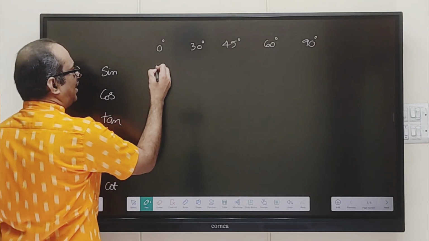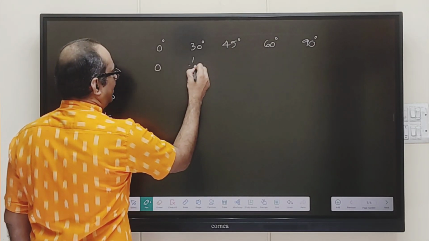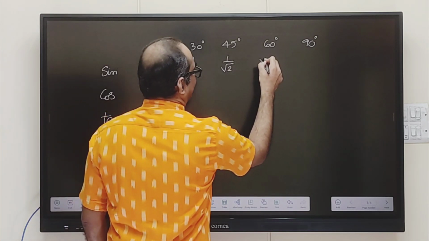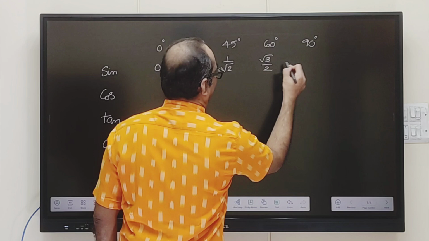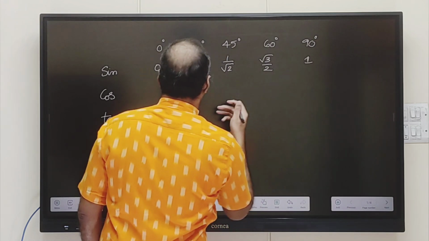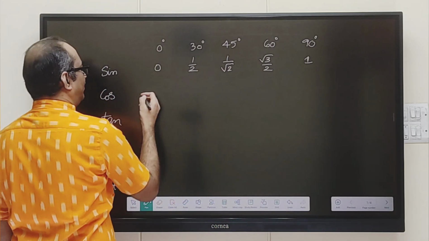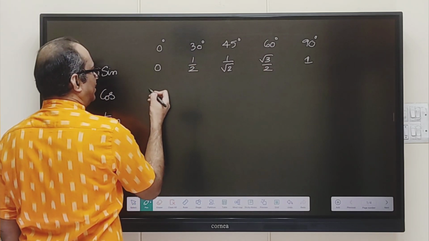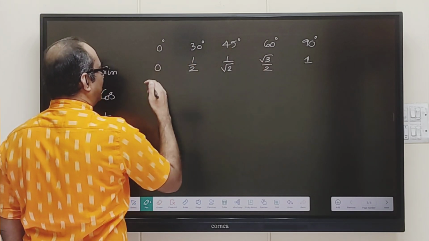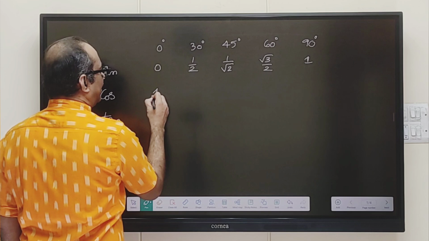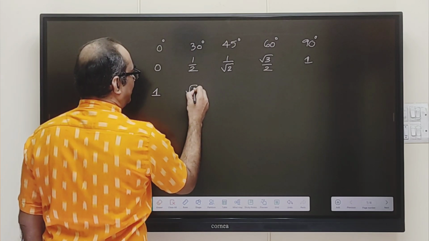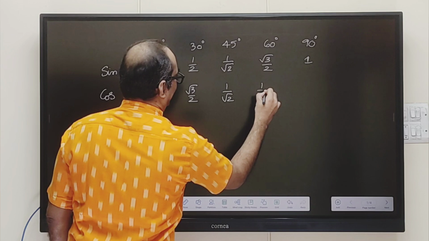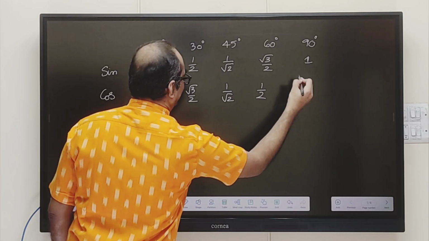So sine 0 we understood is 0, sine 30 is 1 by 2, sine 45 is 1 by root 2, sine 60 is root 3 by 2, sine 90 equals 1. Now when you go to cos, you just reverse them, because sine 0 is nothing but cos 90 and sine 90 is nothing but cos 0. So you will get 1 here, then root 3 by 2, then 1 by root 2, then 1 by 2, and then 0.